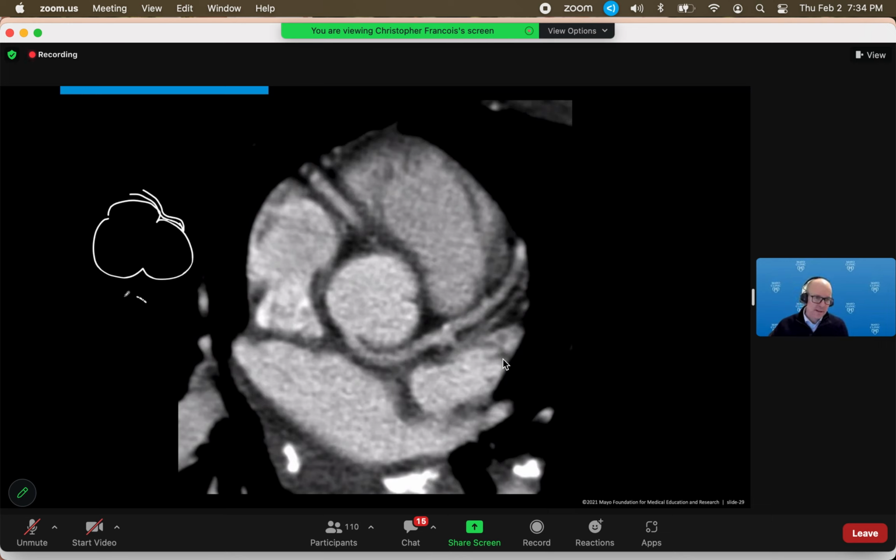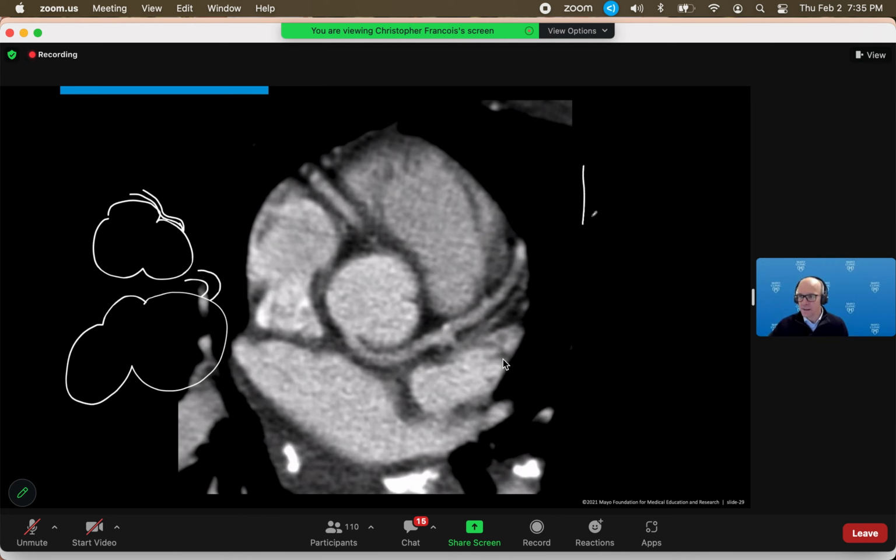And that would be in distinction to this scenario where it goes out with a more obtuse angle and gets out into the periaortic fat before moving over to the right atrioventricular groove. So that's the first sign.